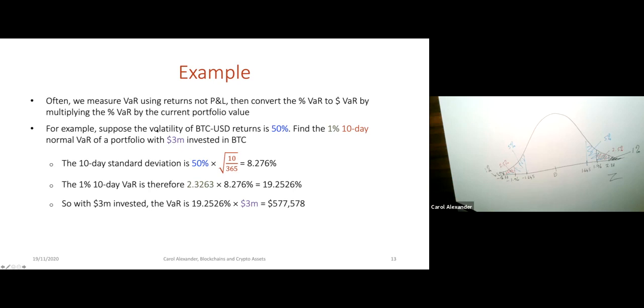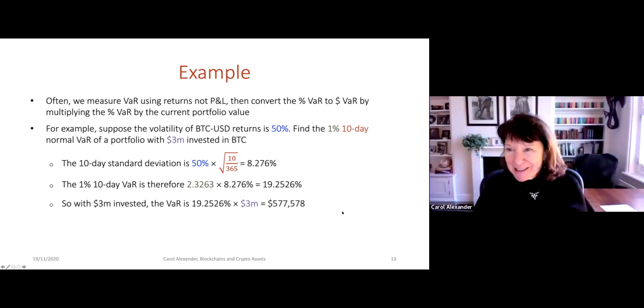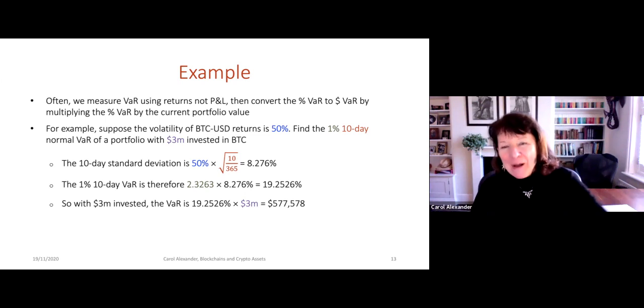Here's another example. Suppose we measure VaR using returns, not the P&L. We normally do that, particularly for something like Bitcoin, which has been trending quite a lot. It seems to have lots of bull markets and bear markets. When it trends like that, it's best not to use absolute returns, because at the moment a return of $1,000 is like a 5% return.